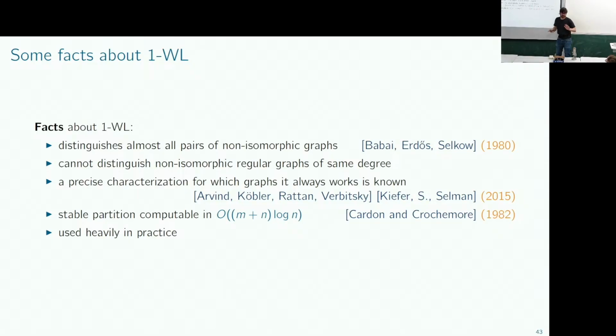We also have a precise characterization of when it works, in case you care. It can be computed very, very quickly, which is why this is used in all of the tools that I talked about in the previous section. This is the basic subroutine. This is what you should implement first, and this is what you have to implement fastest. You really need to be good at color refinement, and then you're good to go. And it's used heavily in practice.